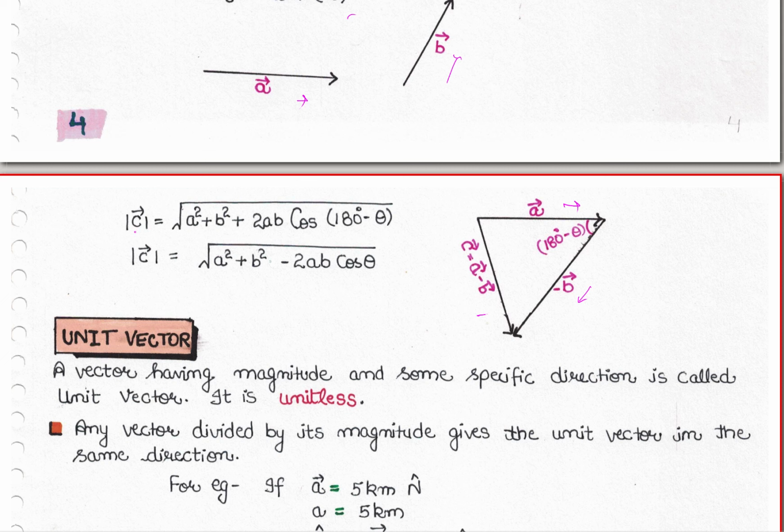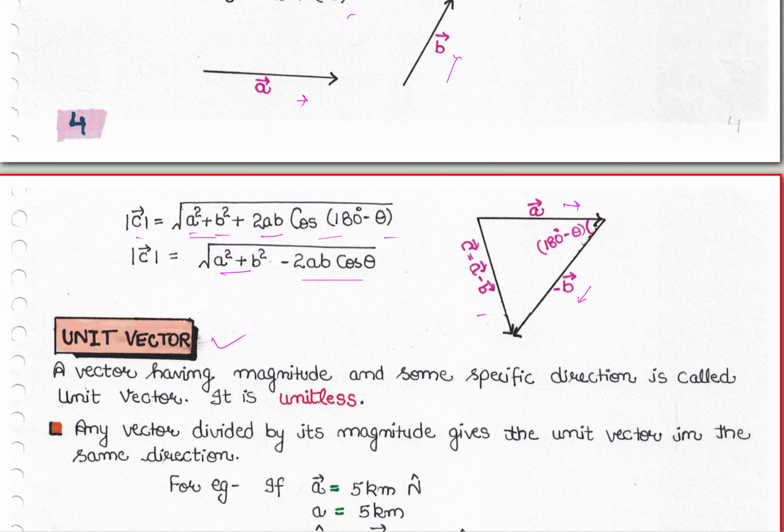So magnitude of the C vector is equal to square root of A square plus B square plus 2AB cos (180 degree minus theta), or C is equal to square root of A square plus B square minus 2AB cos theta.